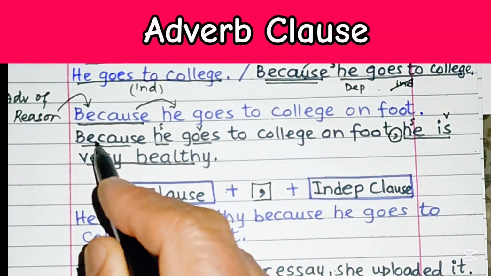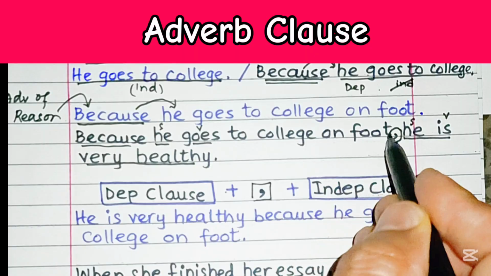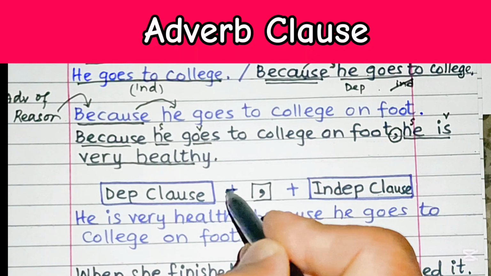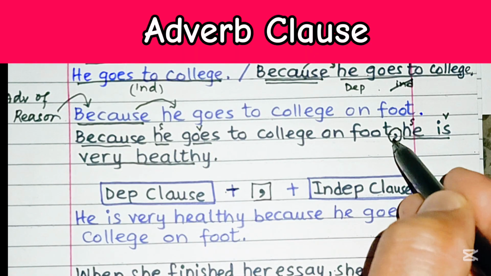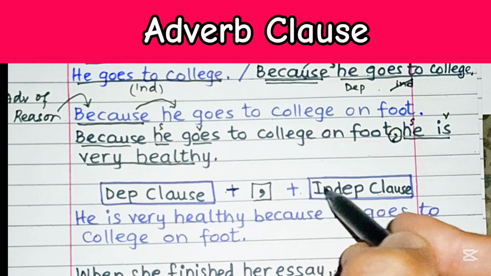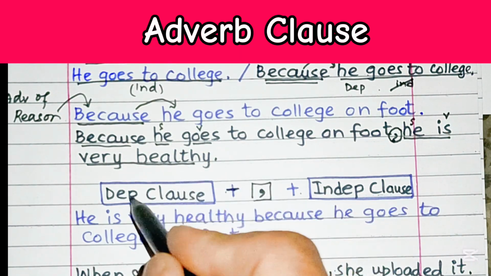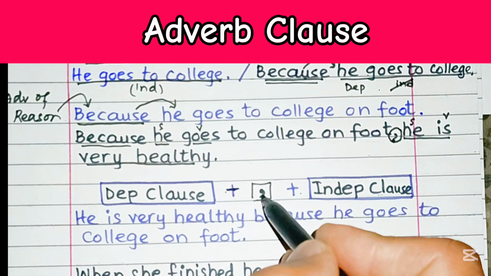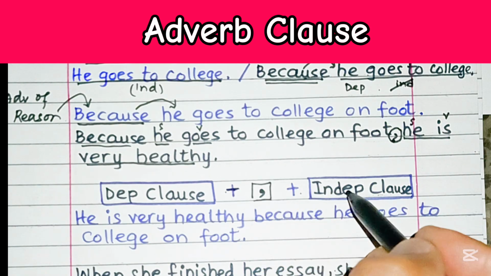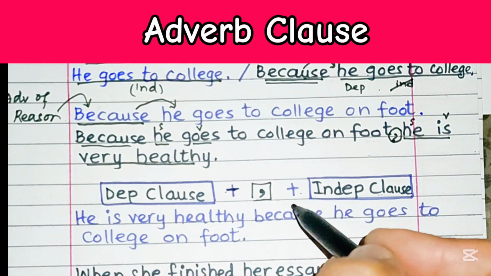Dependent clause, because he goes to college on foot, and then we add a comma after it, and then we add the independent clause. He is very healthy. So dependent clause followed by a comma, and then that comma is followed by an independent clause. It is going to make a complex sentence.